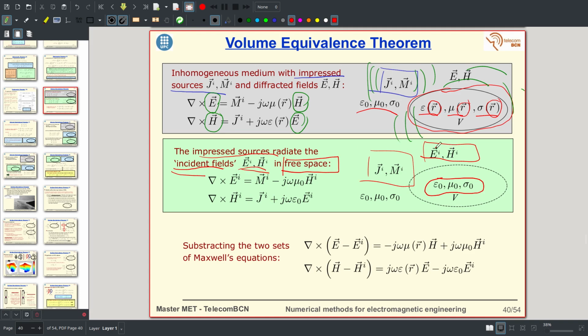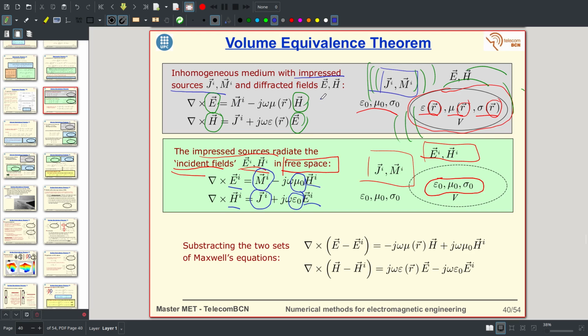And we use the subindex I for incident fields. So we have the same Maxwell's equations with the same impressed currents, but now the fields are the incident fields because the medium is free space.